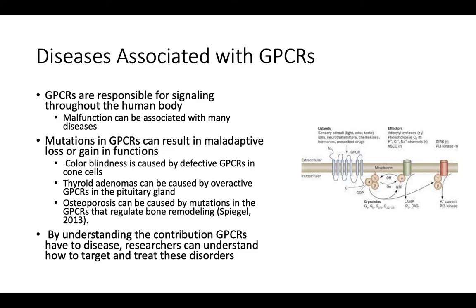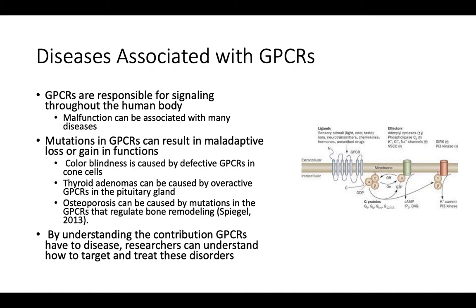All right. While GPCRs have a lot of importance in bodily functions, their malfunctions can be associated with a lot of diseases. You're going to see this more at a biochemical level, because a lot of times when GPCRs are malfunctioning, it's because of a mutation found within them.